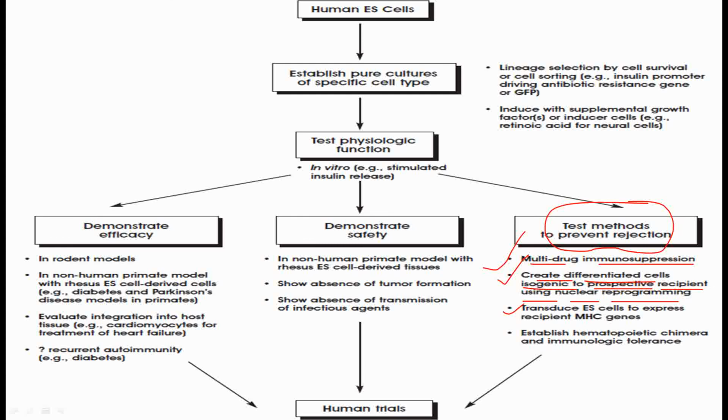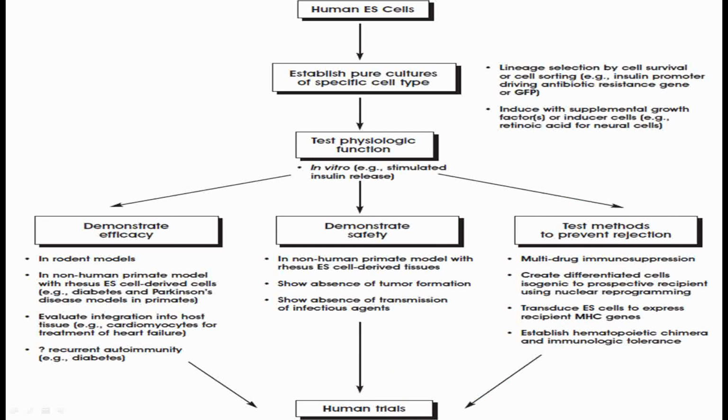Now we transduce embryonic stem cells to express recipient MHC gene and further establish hematopoietic chimera and immunologic tolerance. If these all points are successful, then they will again go for human trials.